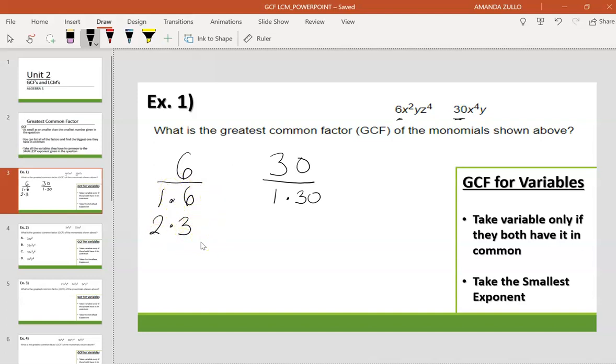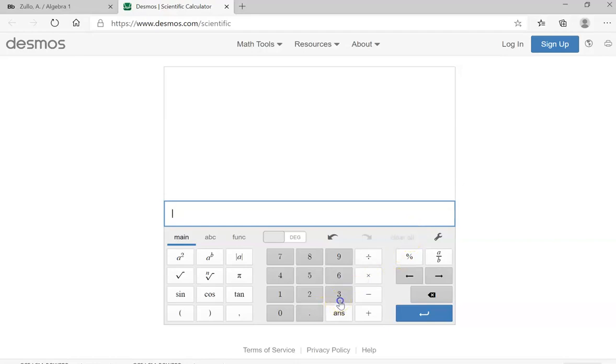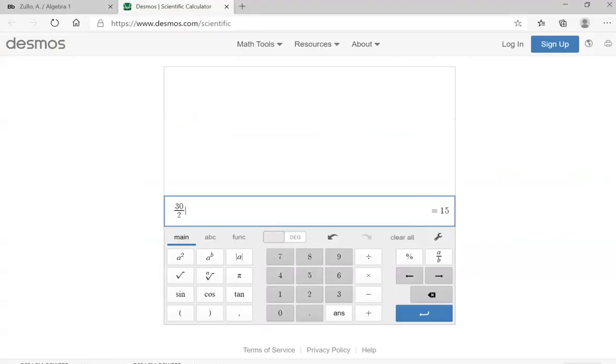Okay, we're going to do the same thing with our 30. So come back to our calculator. Let's clear this. We already know 1 goes in, so the number that comes after 1 is 2. So 30 divided by 2 goes in evenly. 2 times 15. So 2 and 15 are factors of 30.